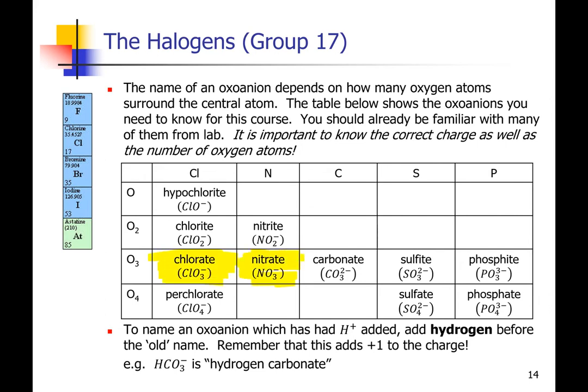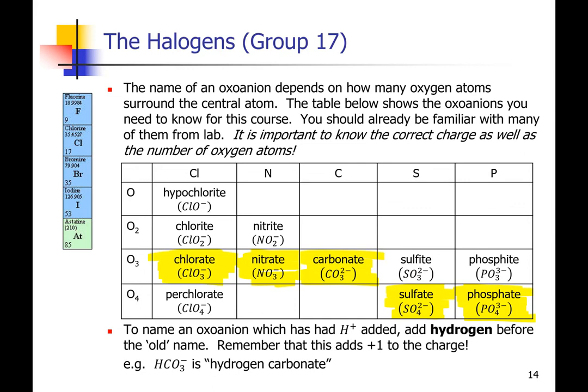And so that would be the chlorate ion, the nitrate ion, the carbonate ion, the sulfate ion, and the phosphate ion. And you need to know the number of oxygen atoms, and you also need to know the charge. And if you fully protonate any of those, you will get the corresponding ic acid. So sulfate, SO4 2-, if you add 2 protons, you get sulfuric acid, H2SO4. And you should know that sulfuric acid is H2SO4 already.